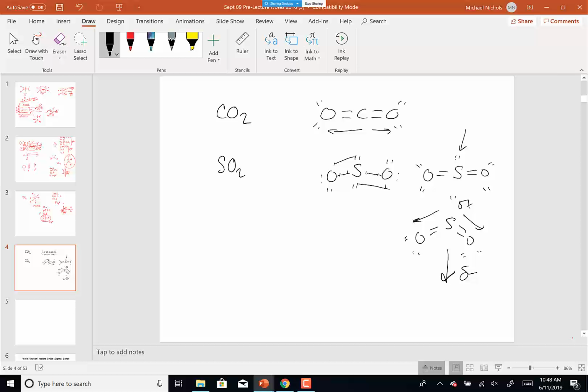CO2 is not polar. So just as something practical, carbon tetrachloride was non-polar as well. So the reason it's used in dry cleaning is because it's non-polar.